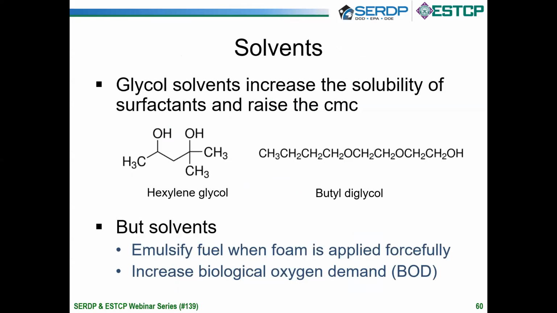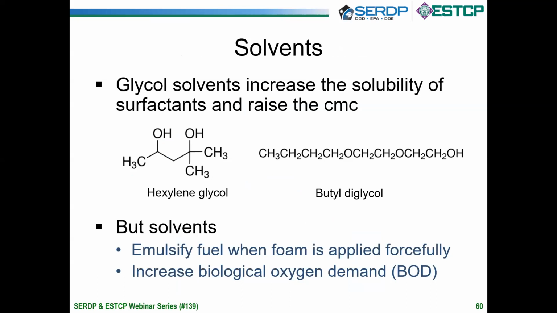I mentioned solvents. Glycol solvents are quite widely used in foams to increase the solubility of surfactants and to raise the CMC. And these glycols or glycol ethers are typically used, and they're known as foam boosters because they increase foam properties.